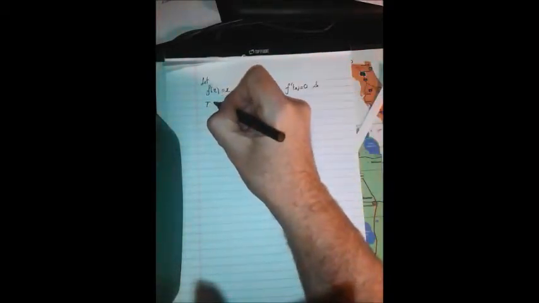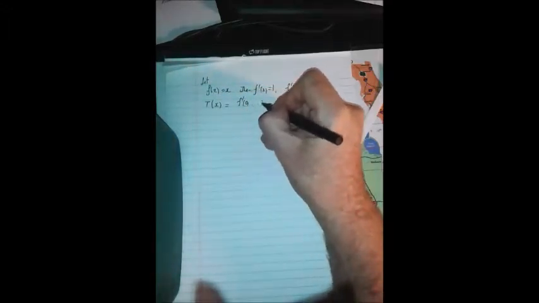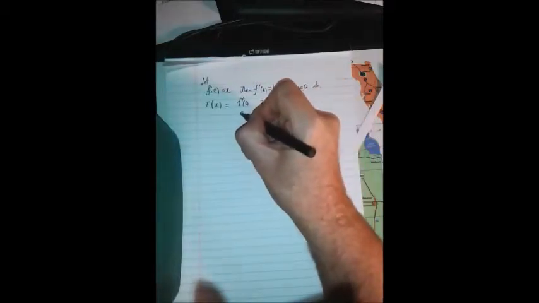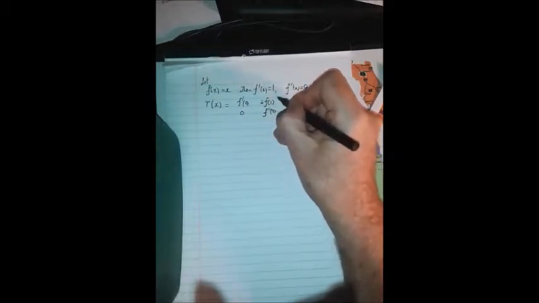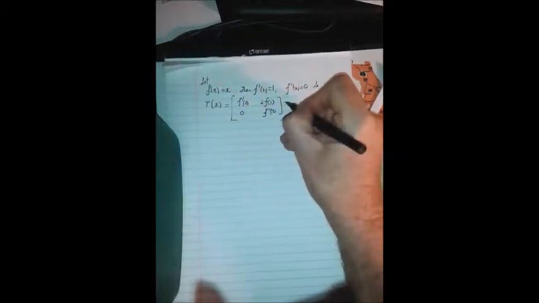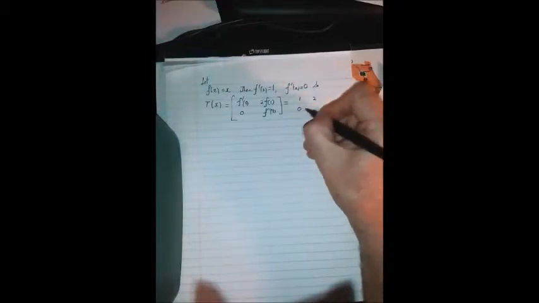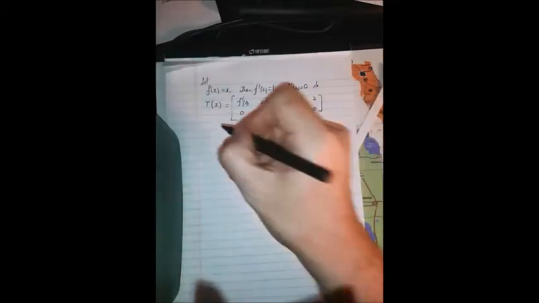So T of x will be the derivative of f at 0, twice the value at 1, 0 there, and the second derivative of f at 3. Okay, so this entry here is 1. This is 2 times 1 is 2, and that's 0, and this entry here is also 0.